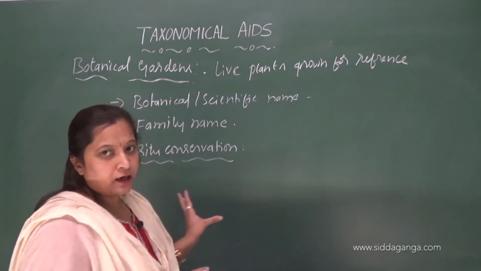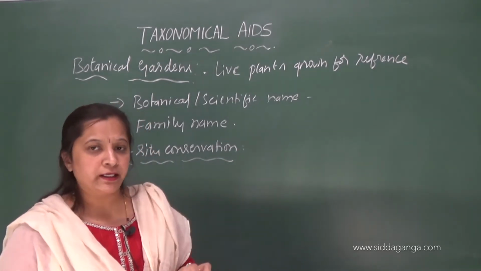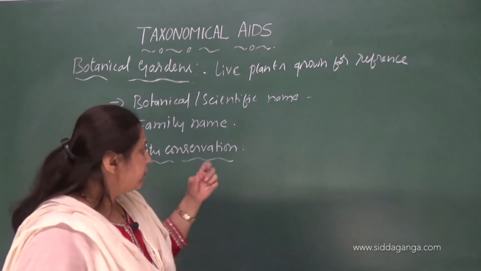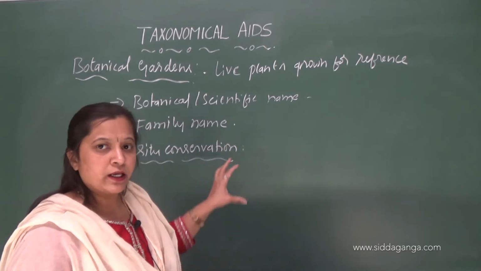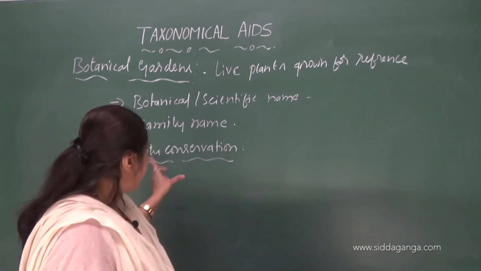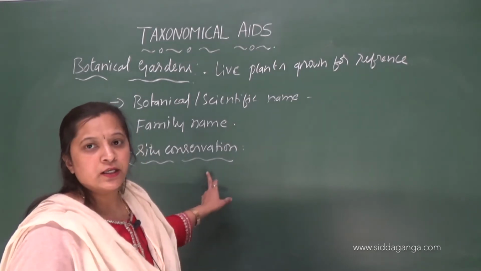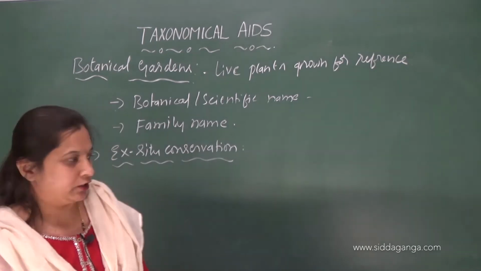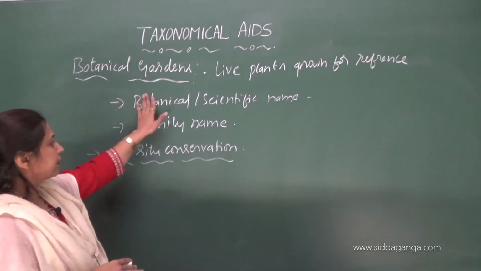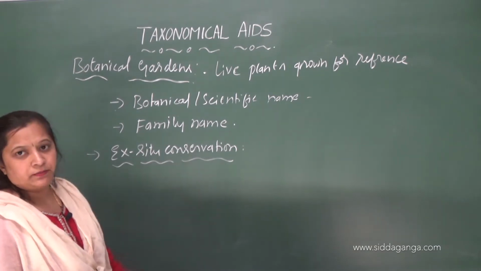Here, plants from different places are collected, grown, and protected in these gardens under human care. So botanical gardens are an example of ex situ conservation strategies for plant species.